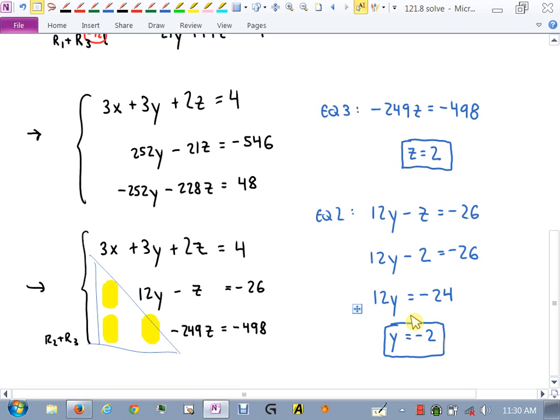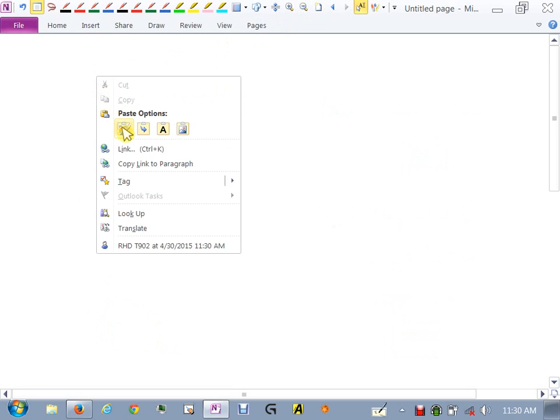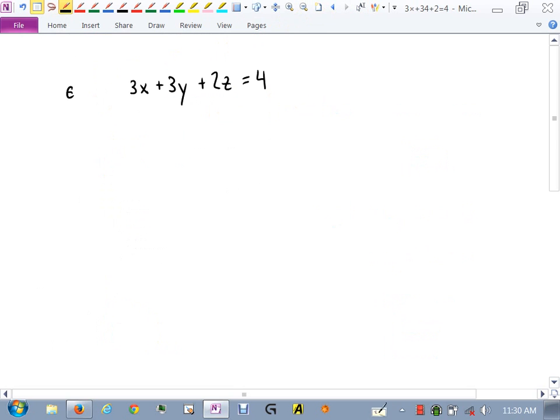I'm out of space. So here's my equation 1, which now is 3x plus 3 times y, which was negative 2, and then plus 2 times z, which was positive 2, equals 4.